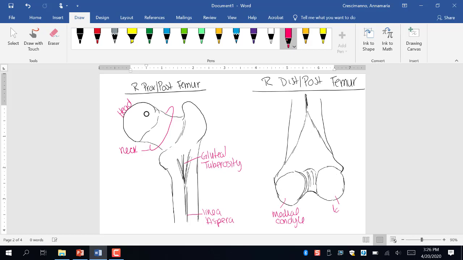Therefore, the opposite one would be a lateral condyle. Therefore, the two bony projections above the condyles would be the medial epicondyle and the lateral epicondyle. And that fossa in between the two condyles would be the intercondylar fossa.